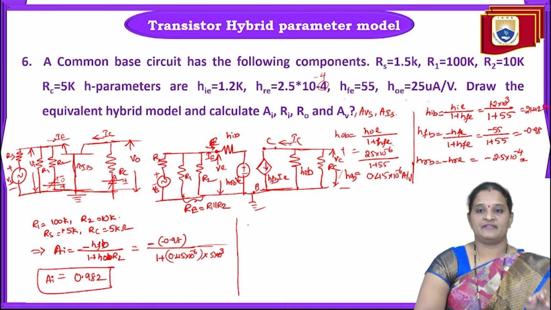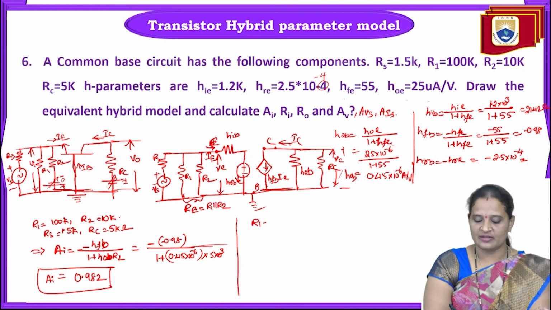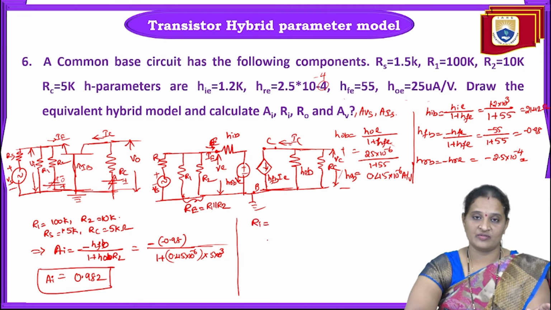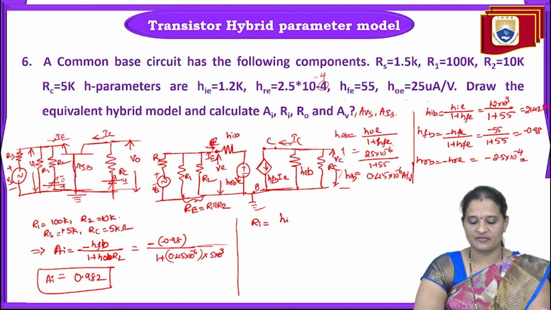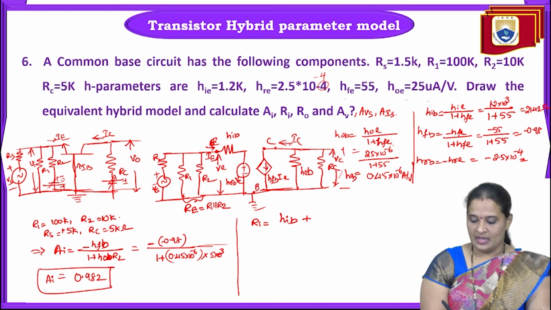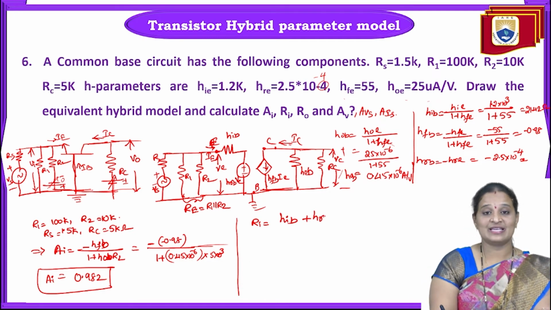After the current gain, I want to calculate the value of Ri, because we already have the formula. The formula for input impedance is hib plus hrb into AI into RL.